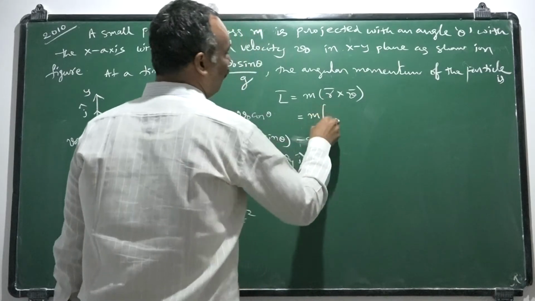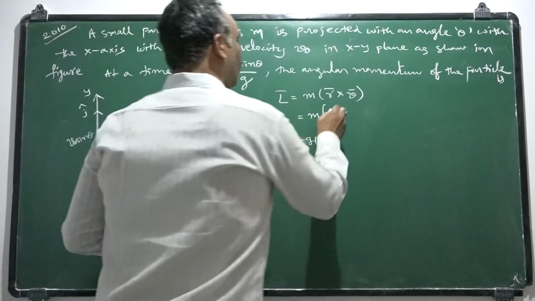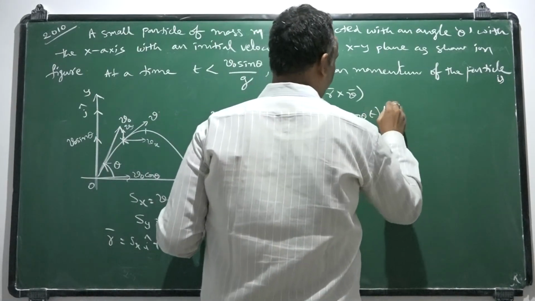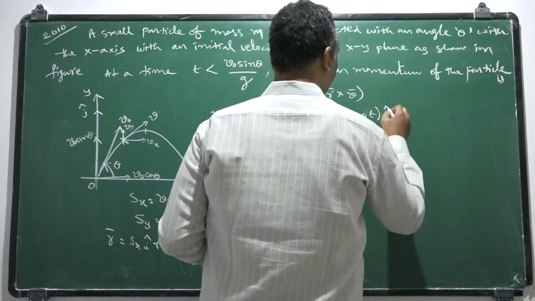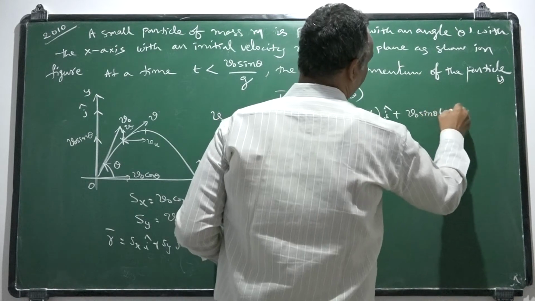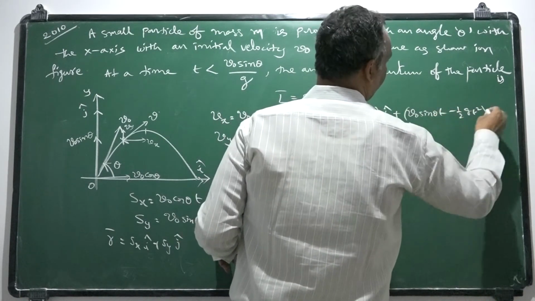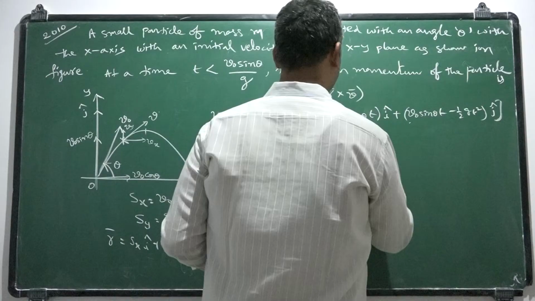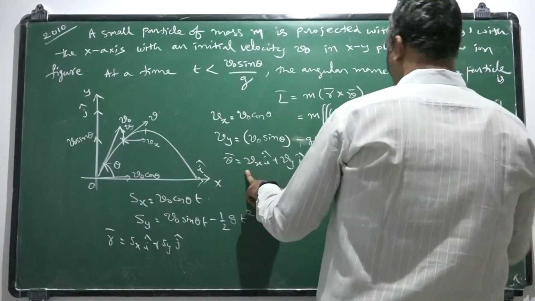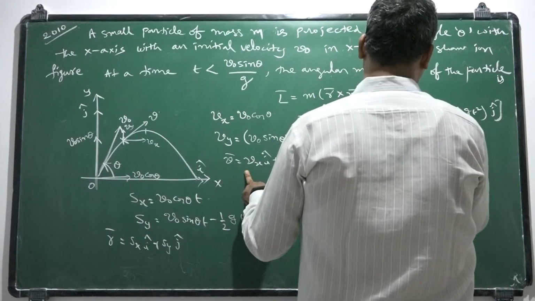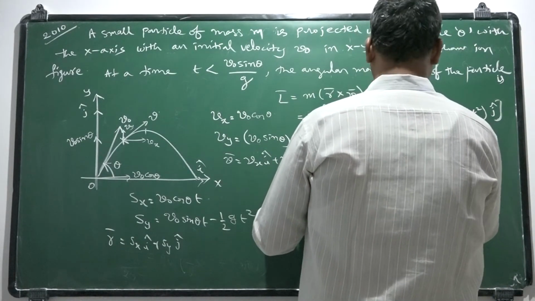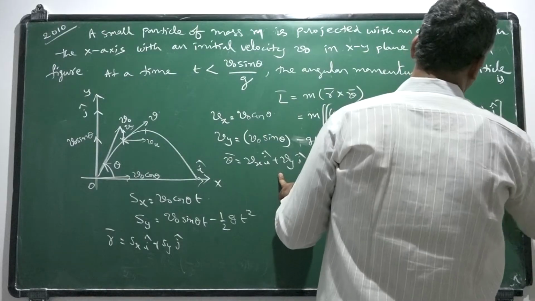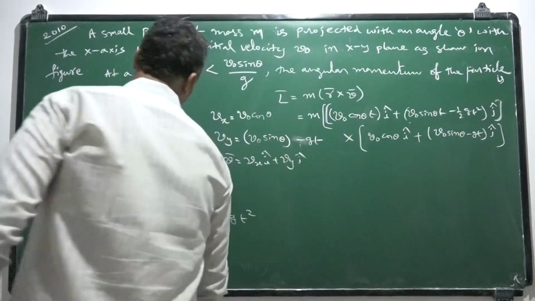I will start from here: m into r bar, in the sense v naught cos theta t i cap plus v naught sin theta t minus half g t square j cap, cross v bar, which is v naught cos theta i cap plus v naught sin theta minus g t j cap. This cross product I should take.